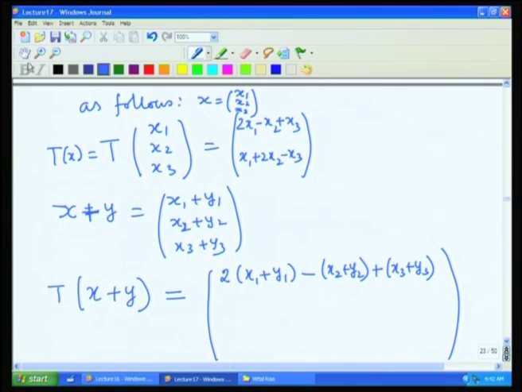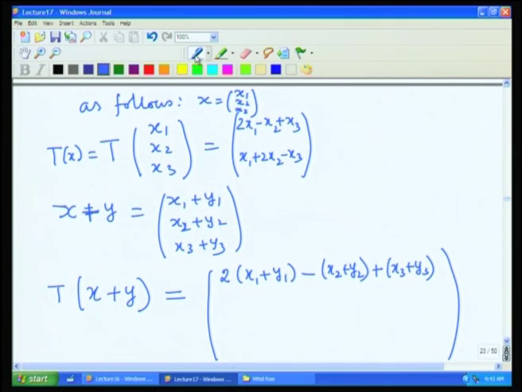Then the second component of the transformed vector is formed by adding twice the second component of the original vector to the first component and then subtracting the third component.